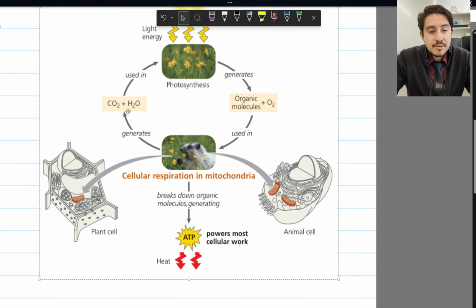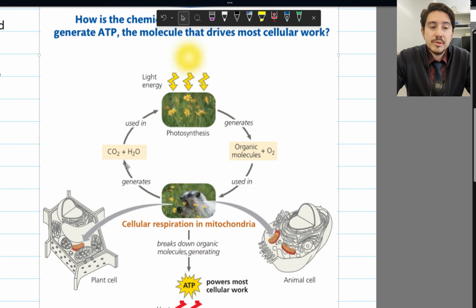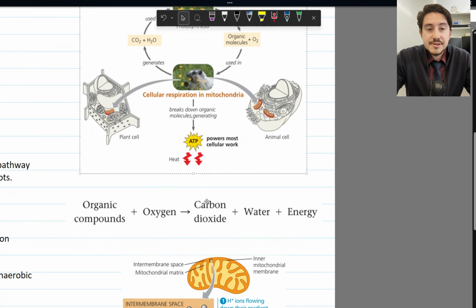The process of cellular respiration outputs carbon dioxide and water, which is then again used in the process of photosynthesis. So they do go hand in hand, and we're going to see this relationship once we finish photosynthesis.